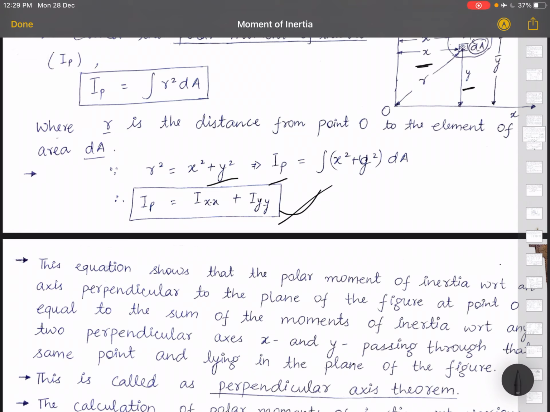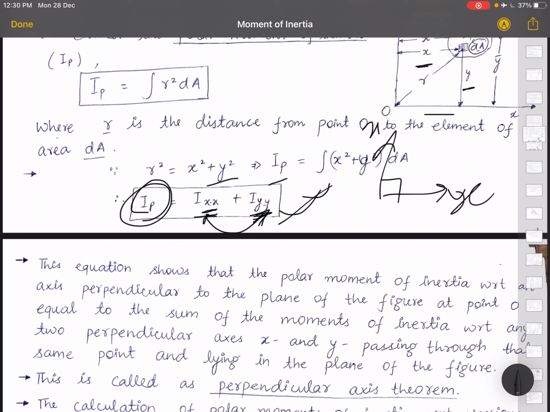All the axes should pass through the same point, and this P axis should be perpendicular to x and y, and x and y should be perpendicular to each other. You can see this is x, this is y, so these are perpendicular, and this z axis is perpendicular to the plane, so it is also perpendicular to both axes. So we have to be very careful while choosing the axis.